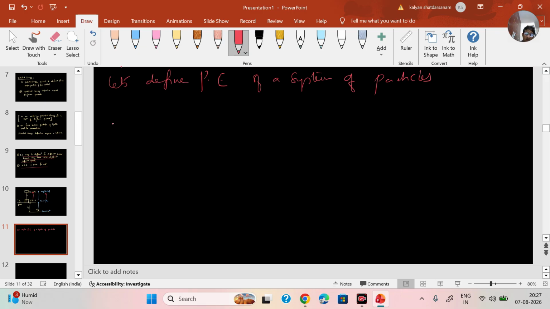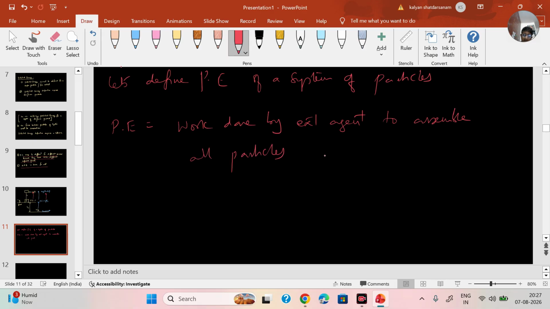Potential energy of a system of particles is the work done by an external agent to assemble, or bring together, all particles from infinity to the required distance.